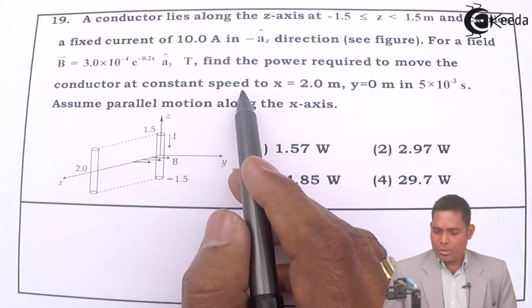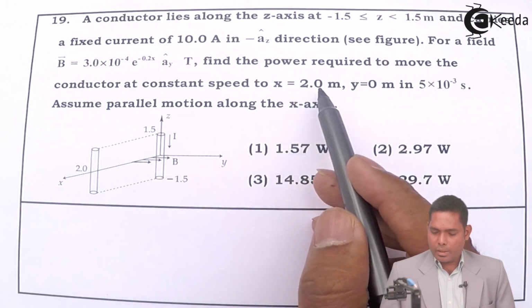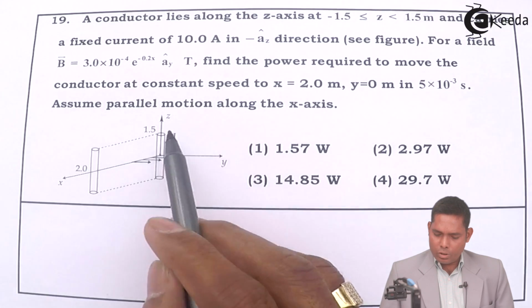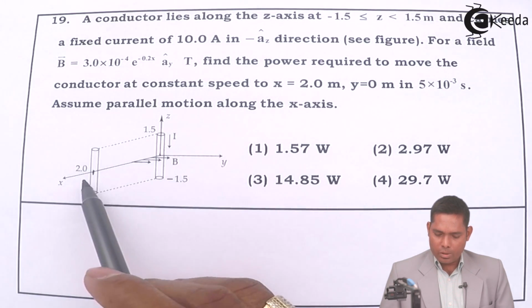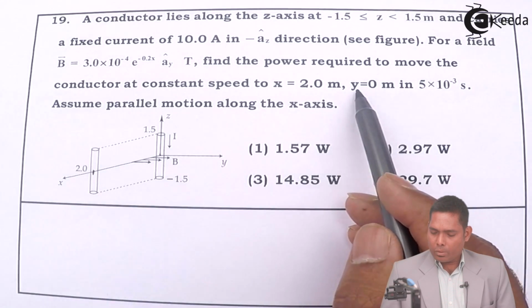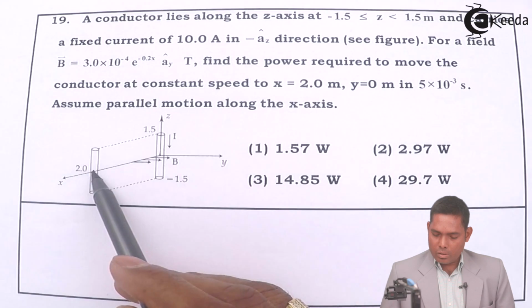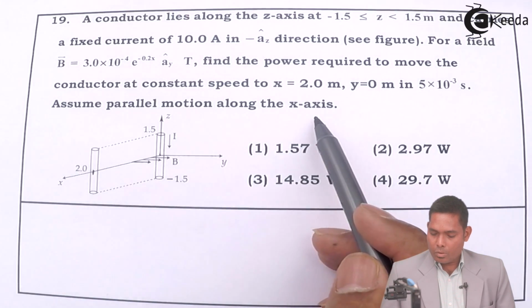at a constant speed to x equals 2 meter. So it is at the origin now, and you have to move this conductor along this line up to this point 2. Since the x coordinate is 2 here, the y coordinate is 0 m because it is lying on the x-axis.